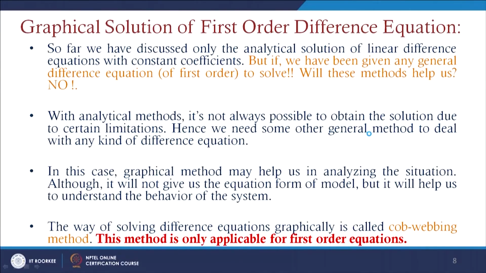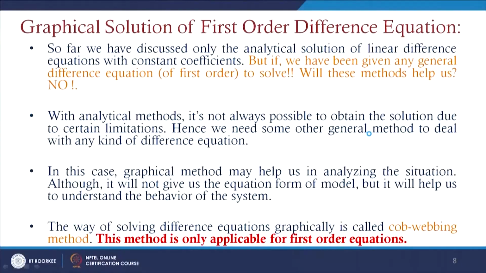So, that is why we need a graphical solution method where we can check the stability, whether the solution is moving towards the equilibrium point or not. With analytical methods it is not always possible to obtain the solution due to certain limitations. Hence, we need some other general method to deal with any kind of difference equations. In this case, the graphical method may help us in analyzing the situation.